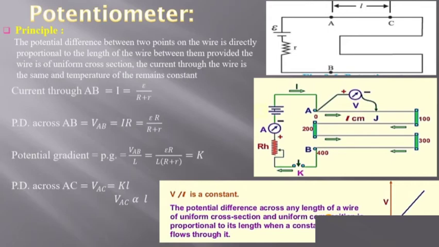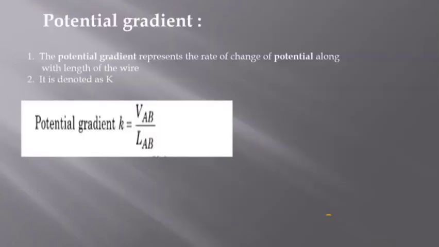So the quantity VAB by L is known as potential gradient. Potential gradient is denoted as K. The potential gradient is defined as the potential difference per unit length of the wire. Its unit is volts per meter.